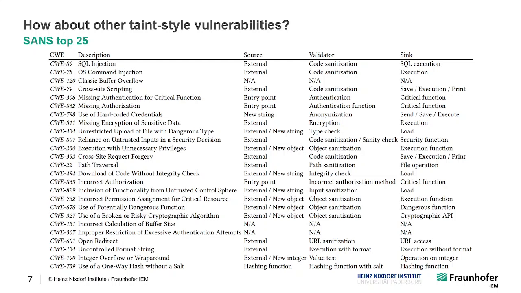And all of these that can be modeled as taint analysis, we call so-called taint-style vulnerabilities. And as you see, most of them can be expressed in this way. So SQL injection and OS command injection are typical examples that are often found in the literature.